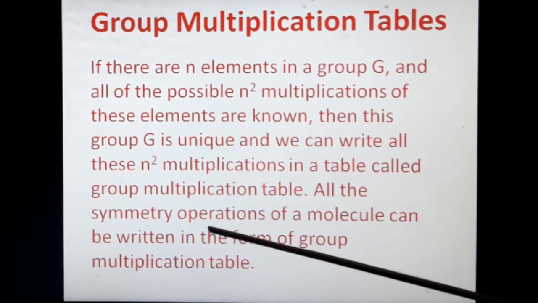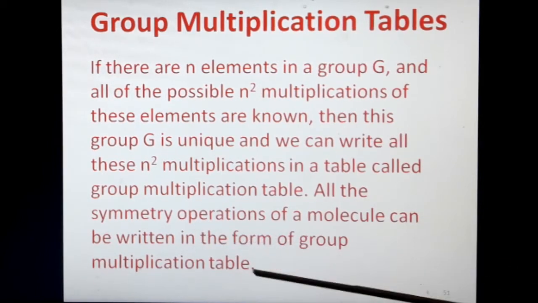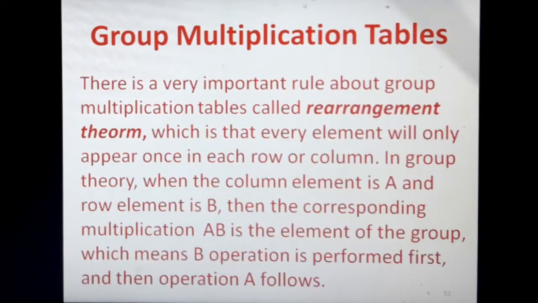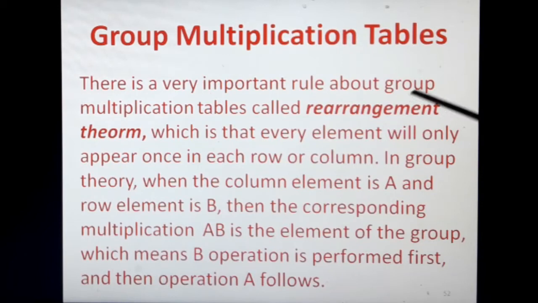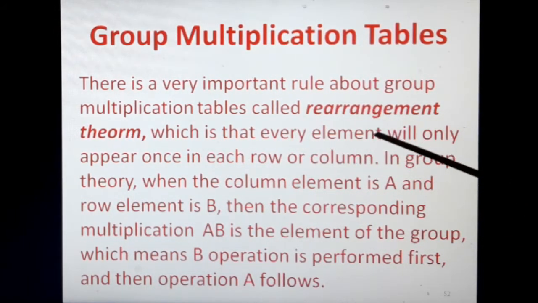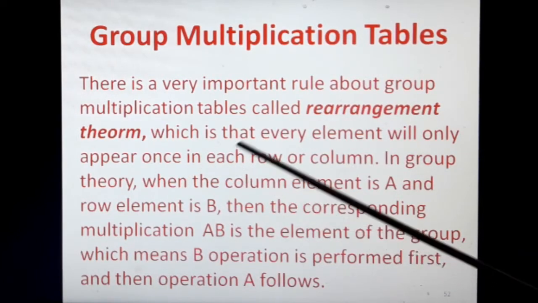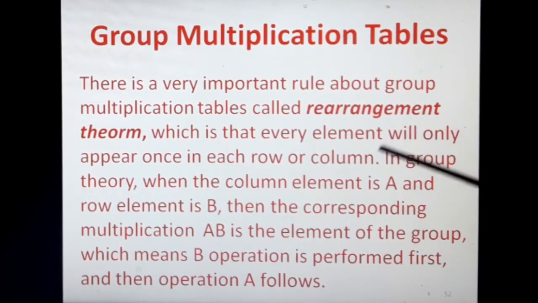All the symmetry operations of a molecule can be written in the form of a group multiplication table. There is a very important rule about group multiplication tables called the rearrangement theorem, which is that every element will only appear once in each row or column.